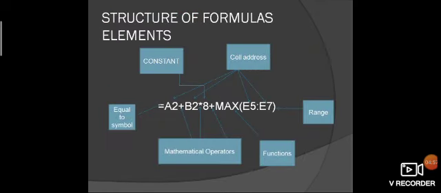Students, this is the structure of formula elements: equal to A2 plus B2 into 8 plus max in bracket E5 colon E7.